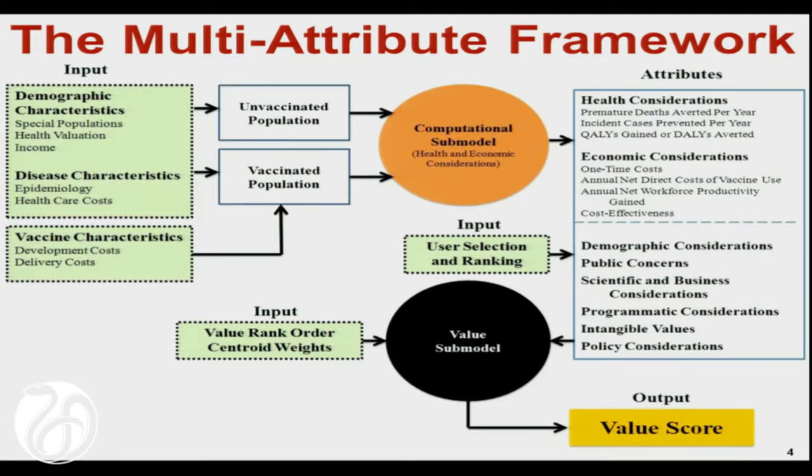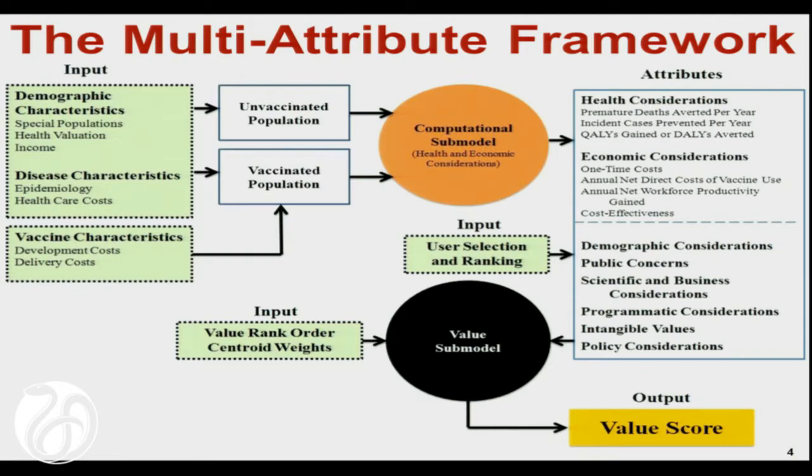Perhaps the most novel part about smart vaccines is the value model. This is the one place where users can describe their own preference structures, set the rank order and weights attached to these various attributes they think are important. These combine with all of the output of the model, quality adjusted life years, economic costs, cost effectiveness, many other computed characteristics, and then other more subjective characteristics that have, until this point, necessarily only been weighed as a part of a global gestalt in an analysis.